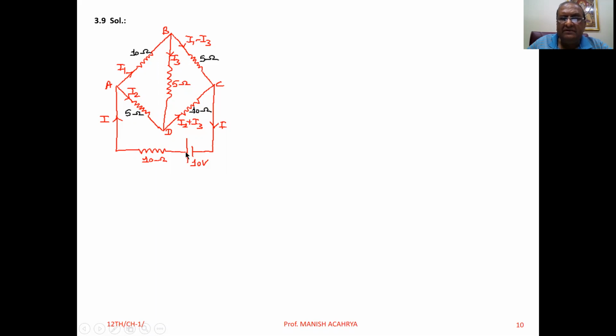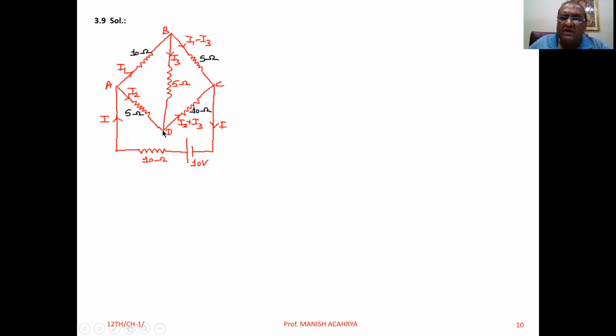Now suppose here the current drawn from the battery of 10 volt is I ampere. When it enters this junction A, it is divided into two parts. Current I1 in the branch AB, and current I2 in the branch AD. Now from B, suppose I3 current is in the branch BD, means in BC, I1 minus I3 current will flow.